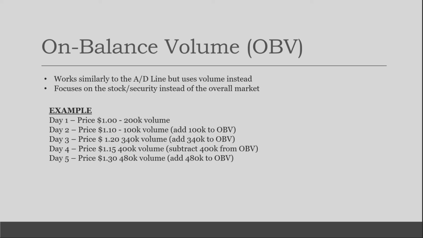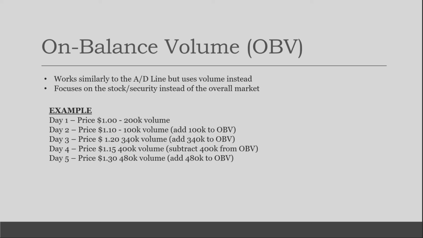This means that the OBV focuses on the singular stock or security instead of the overall market, as the AD line does. What's important to note down here is that the OBV looks at the change in price on a day-to-day basis to determine if it is going to add the volume to its value or subtract volume from its value. This may not make sense, but let's have a look at an example.